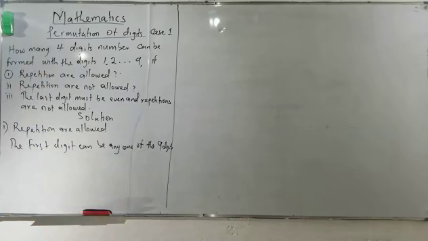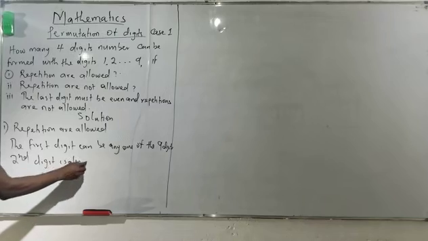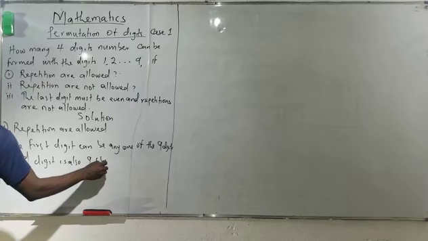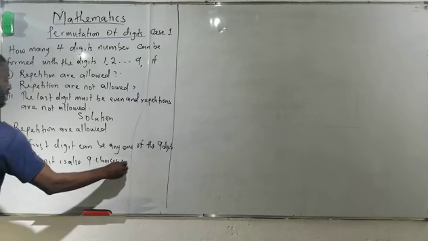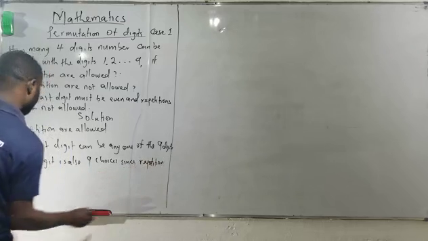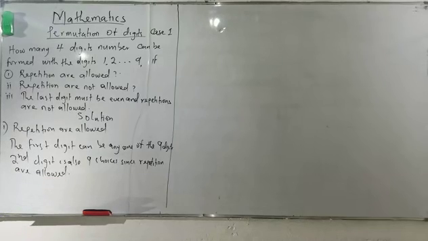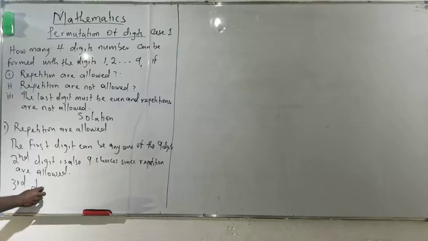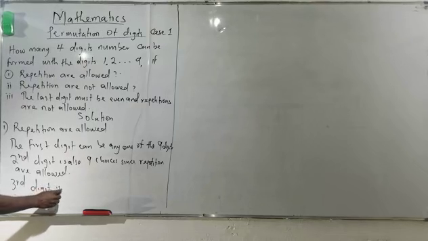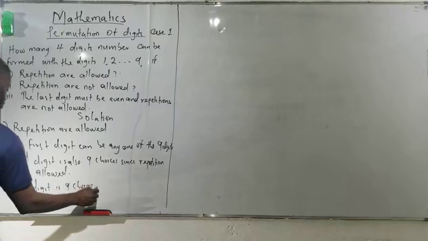The second digit is also 9 choices, since repetition is allowed. The third digit is also 9.